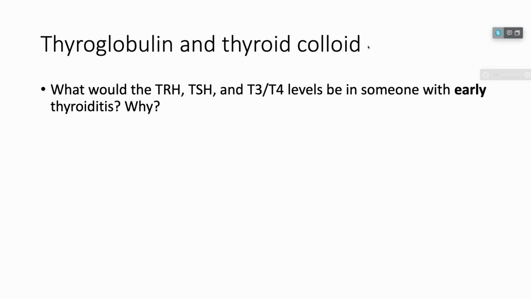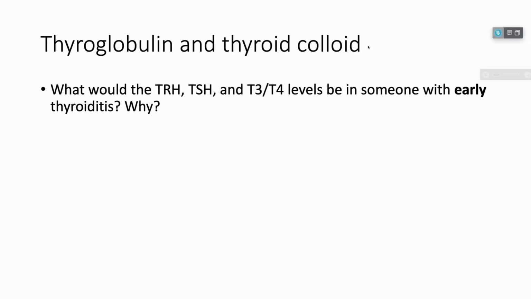So I'm releasing a lot of T3 and T4. Perfect. And then going back to the hypothalamus-pituitary axis, if I have a lot of T3, T4, due to negative inhibition, I believe that will decrease TSH and TRH. Yeah, exactly. Perfect. Again, it all just comes back to feedback inhibition, right?